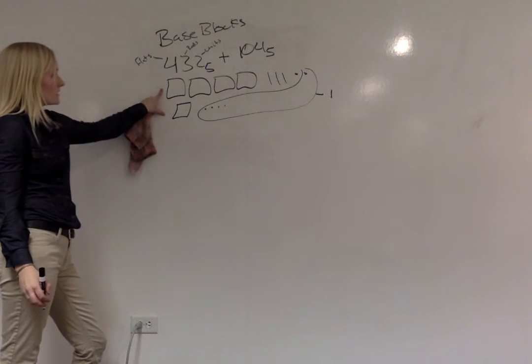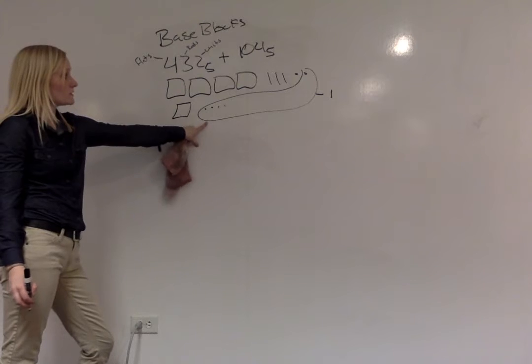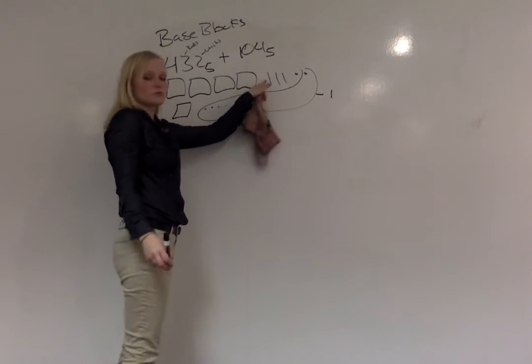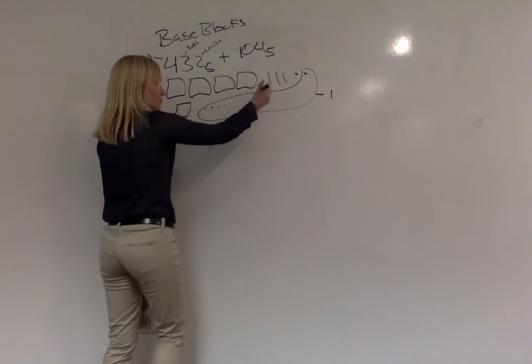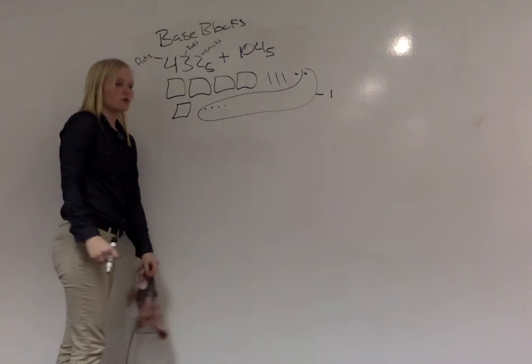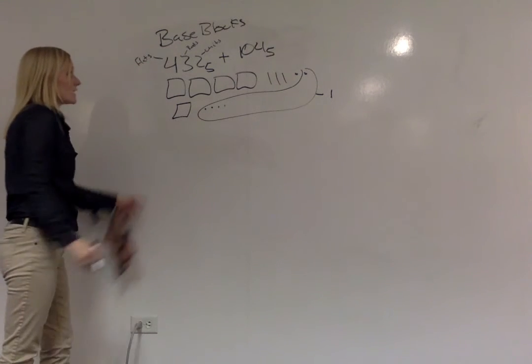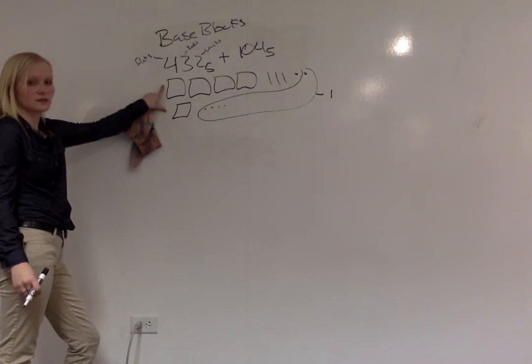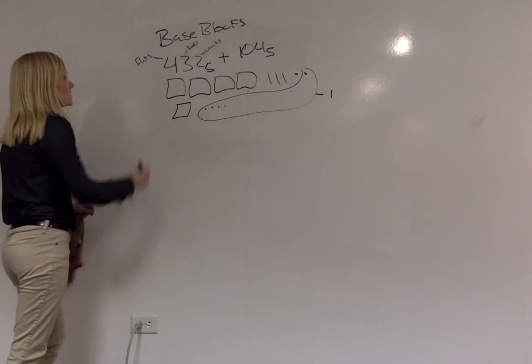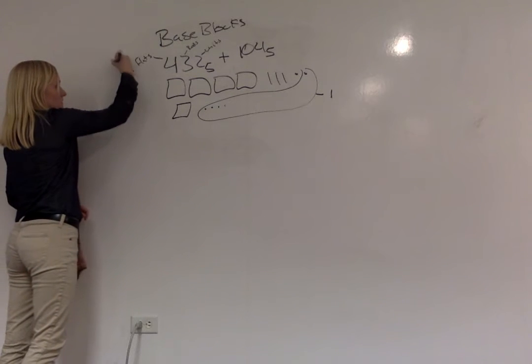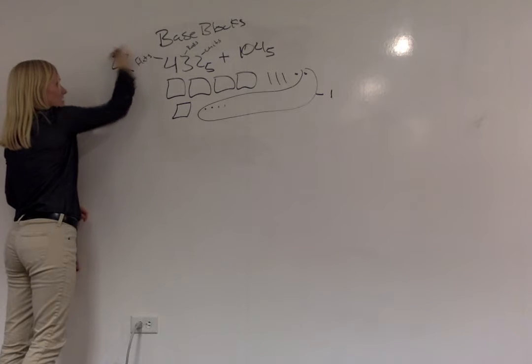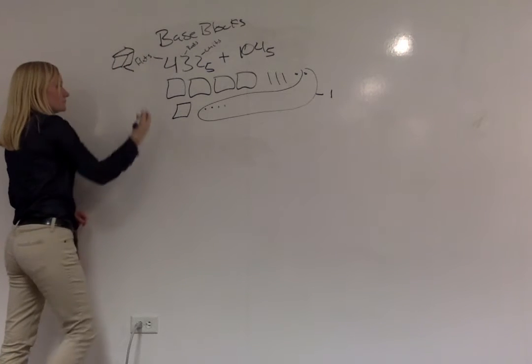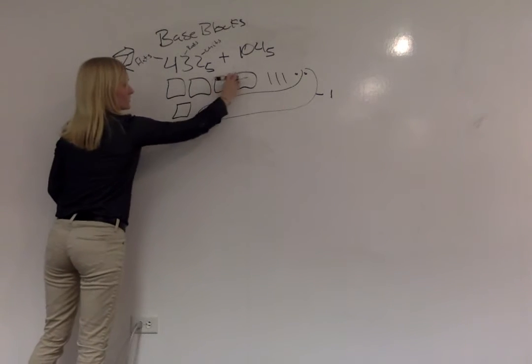Now that we've regrouped the ones, we can regroup the tens. There's only 3, so there's no regrouping involved in that. Now we have to regroup the flats into a thousands place, which is represented by a cube. 1, 2, 3, 4, 5.